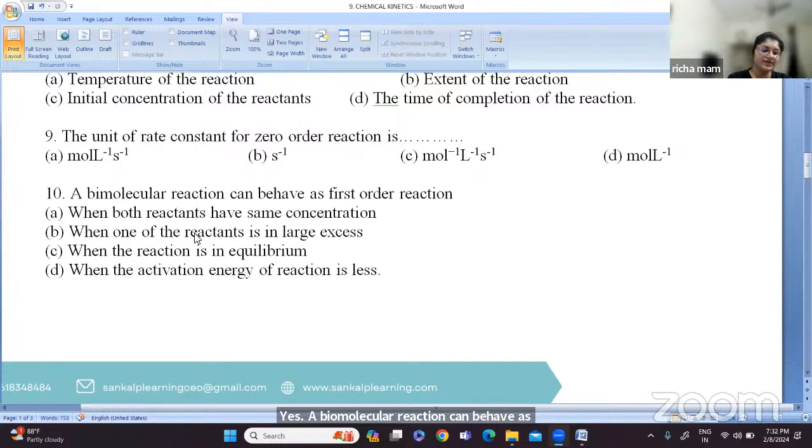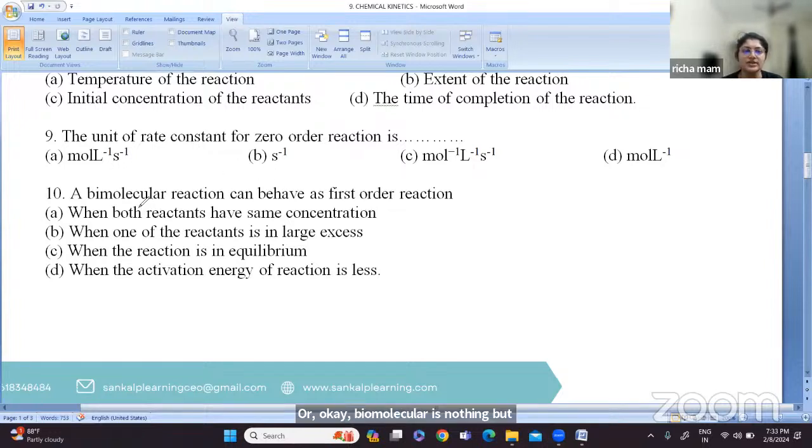Yes. A bimolecular reaction can behave as first order when? Bimolecular behaving as first order is nothing but your pseudo first order reaction.